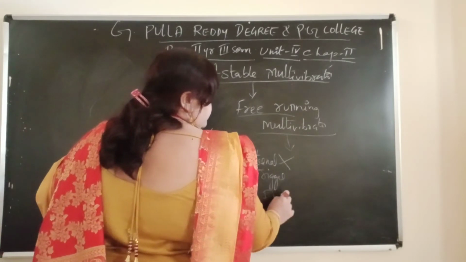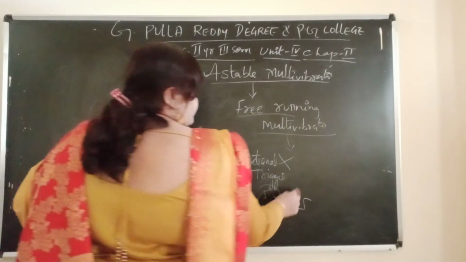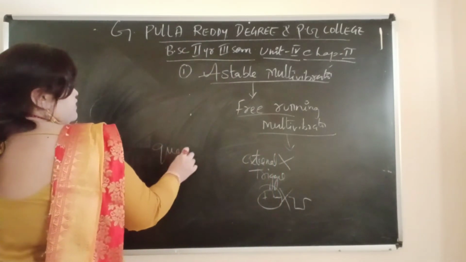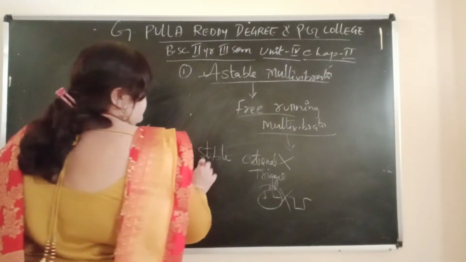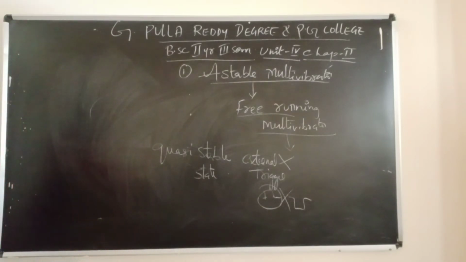External trigger means either a positive trigger or a negative trigger pulse. It does not need that. It is having two quasi stable states.